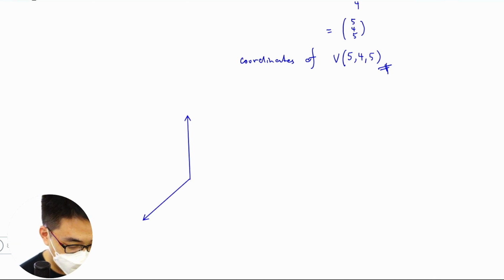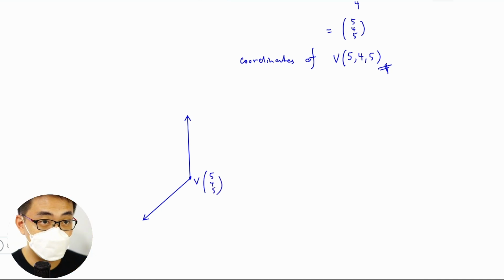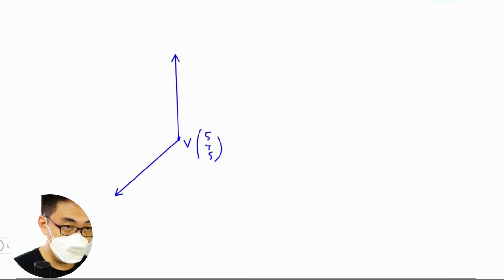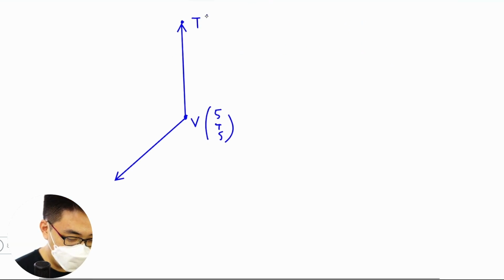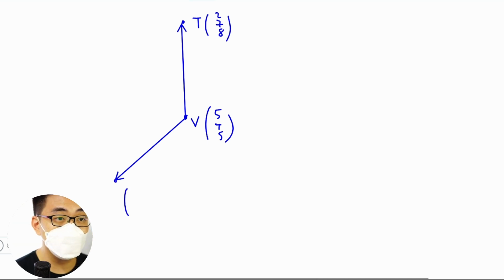If this is V, is 5, 4, 5, and then the top part E here is actually 2, 7, 8, and this part here is actually Q. Q would be 818.